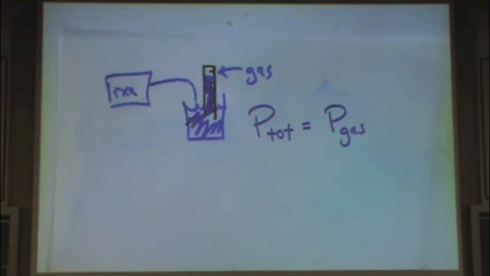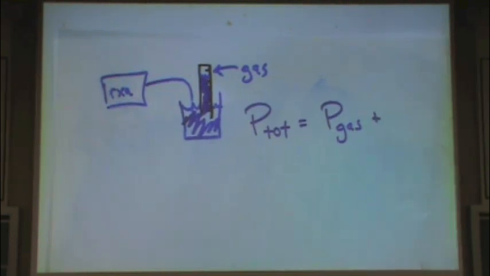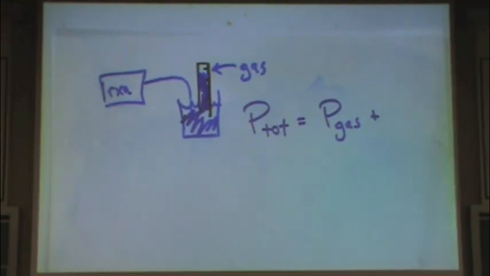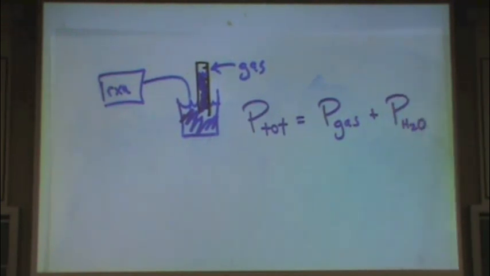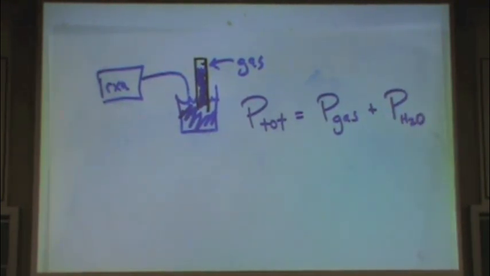What is it? Water vapor. So the water that you're collecting over also has a vapor pressure. So that's another key phrase you might see in this sort of question, water vapor or vapor pressure. That kind of indicates it's this sort of question. So partial pressure water is also part of this. Okay? Here's what happens.